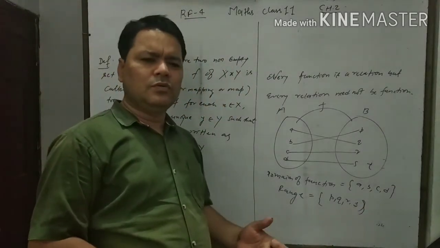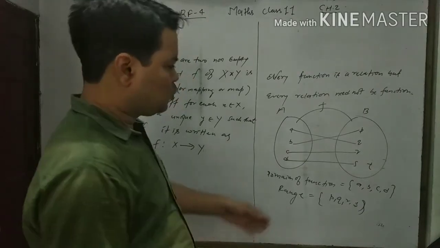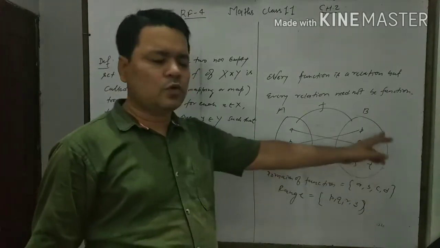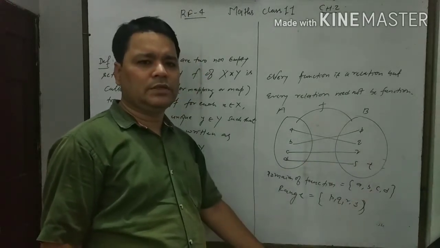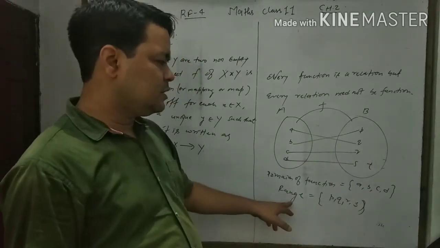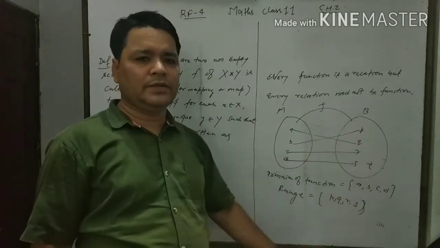We also know the codomain. The set B is the codomain. P, Q, R, S, T is the codomain. Here the range is a subset of the codomain.